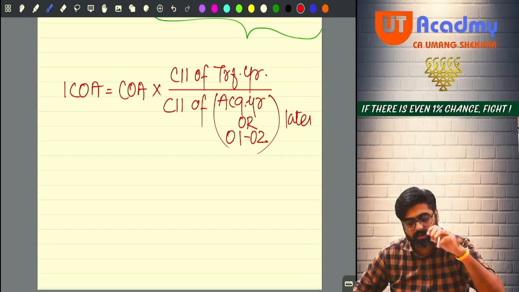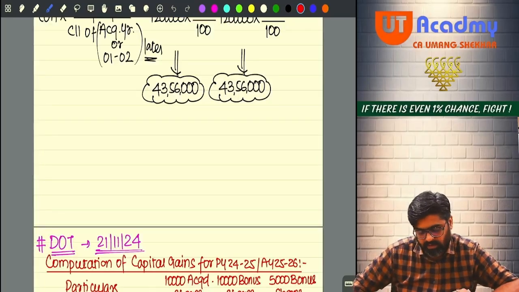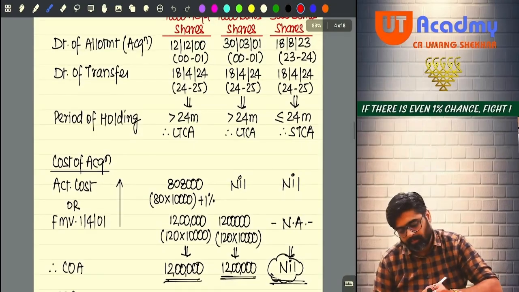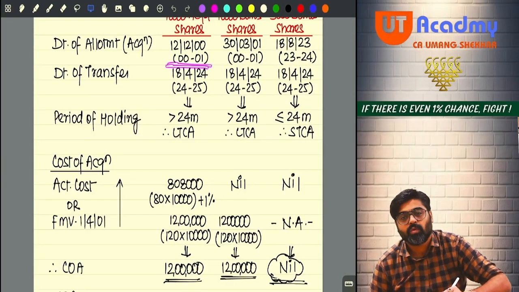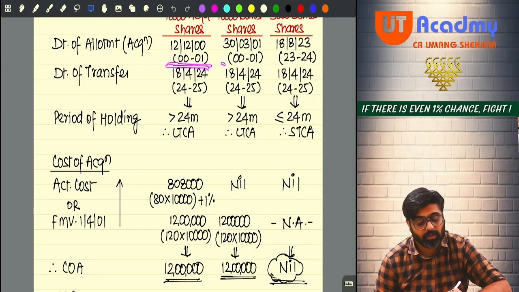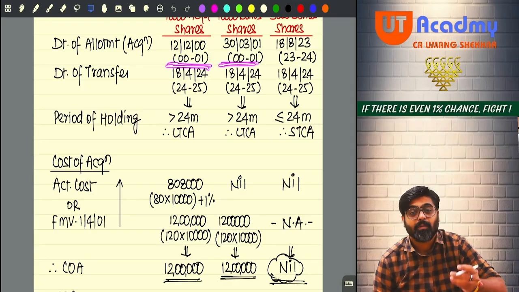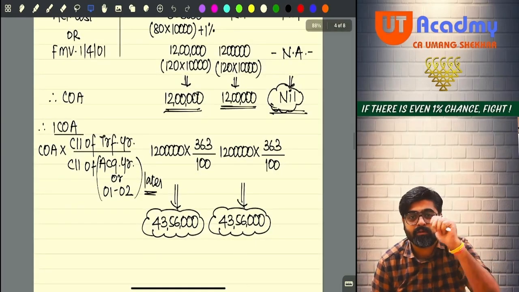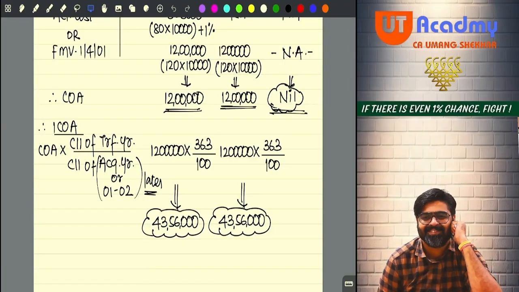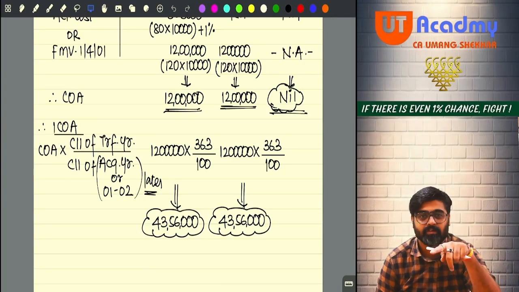Now coming to our question. Now tell me, these shares are acquired prior to 1st April 2001, yes or no? Prior to 1st April 2001, and you have taken the fair market value also as a cost. Now will you do the indexation? Yes.